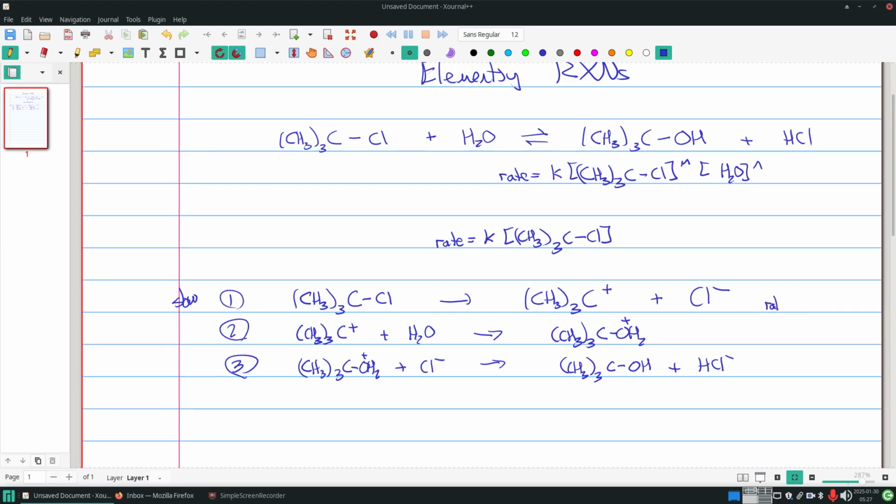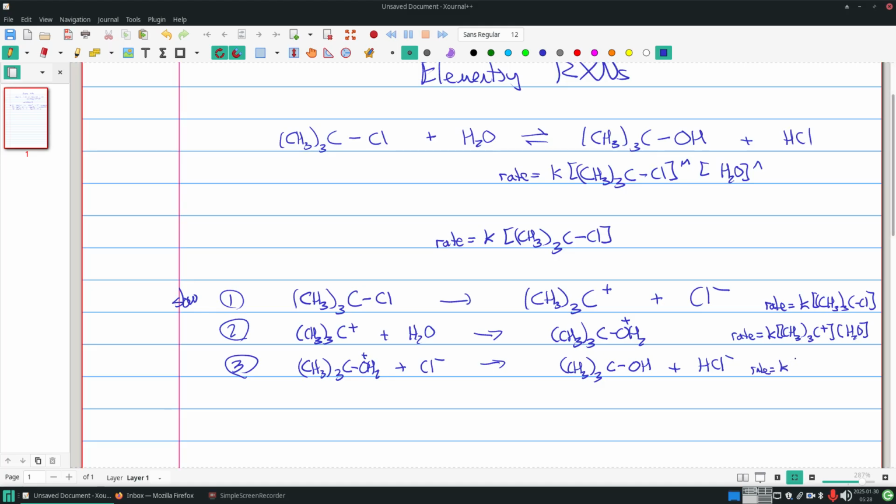So if I am able to label these as elementary steps, I can generate the rate laws right from the equations. It is just looking at the reactants and putting them to the power of whatever coefficients there are. Now this one actually has 2 things in it because there's 2 reactants, and so does this one.